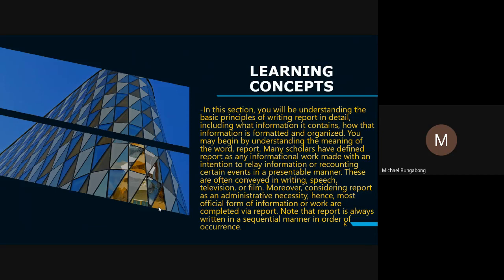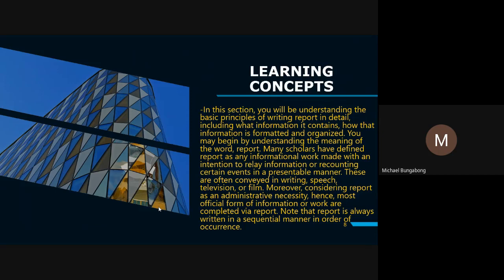The moment that you are presenting a report in a presentable manner, that is a report associated with, of course, information. According to this definition, these are often conveyed in writing, right? It can be in the way of writing, or maybe in the form of speech, or maybe in the form of television or film.